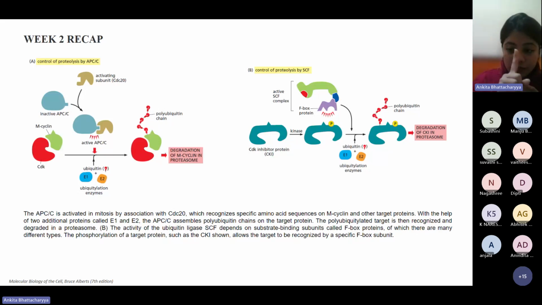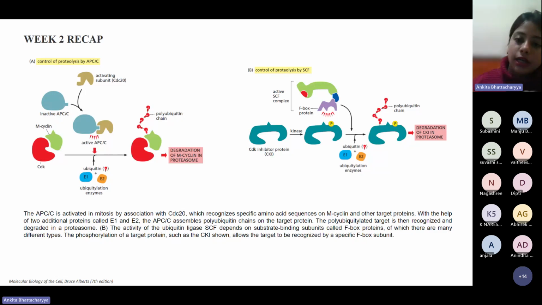The presence of just one or maximum two molecules of ubiquitin is not going to end up in degradation. It has to be a polyubiquitin chain, which is only identified as a marker for a protein that needs to be degraded.